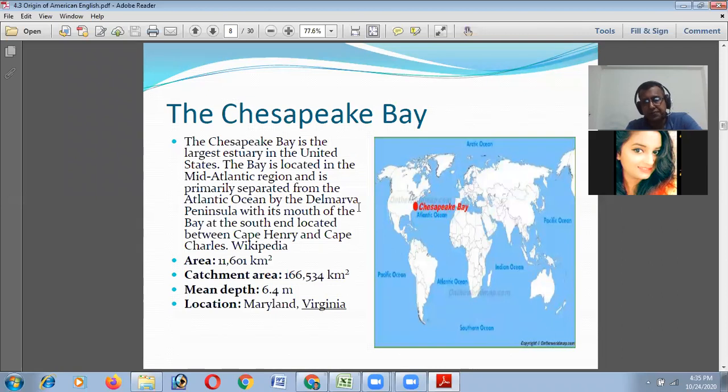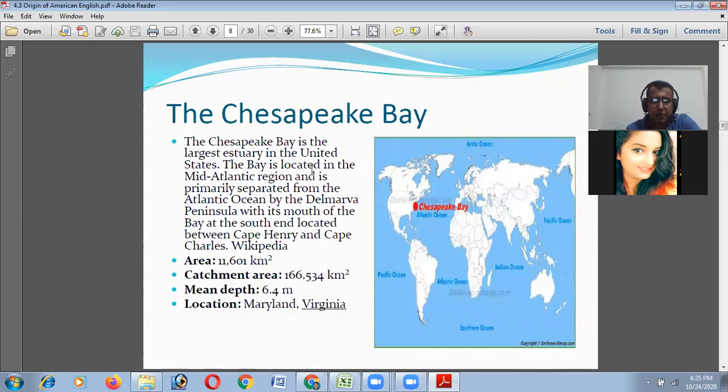This is the Chesapeake Bay. Over here you see the Atlantic Ocean, Indian Ocean, Pacific Ocean. This is part of the UK here, and they went over there to the American continent and established their settlement in this area. The Chesapeake Bay is the largest estuary in the United States.